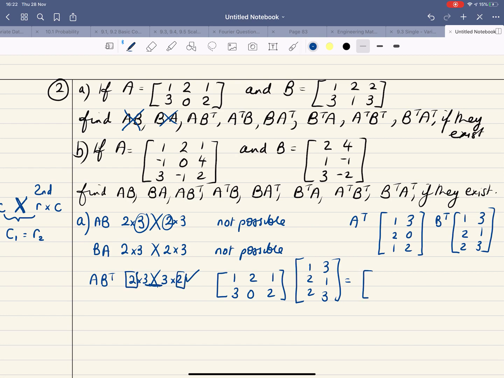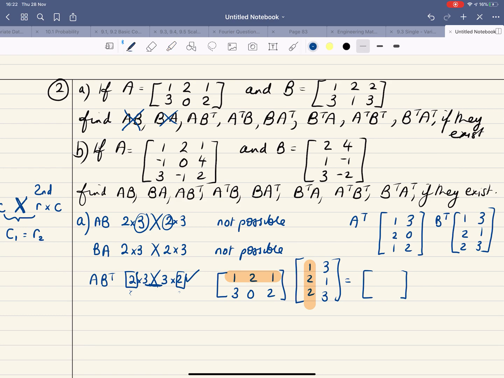So that's what we're going to fill in. The final answer is the rows from here times the columns from there. So what we do first of all, I'll do this with a highlighter, and then I can rub it out as we go along.